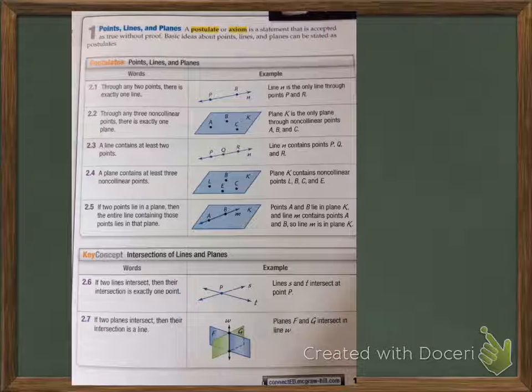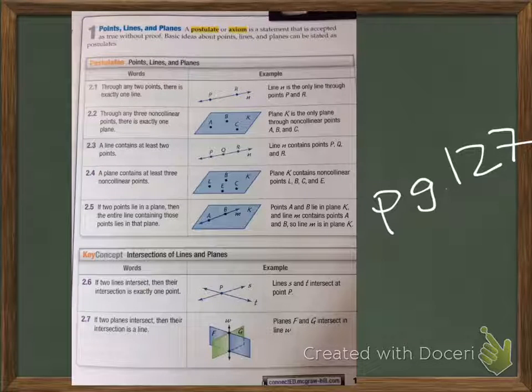So the first thing I want to address your attention to, this is in the textbook on page 127, should also be in your key concepts packet, but these are the startings of what you will use to help you write proofs. So we have what's called a postulate.